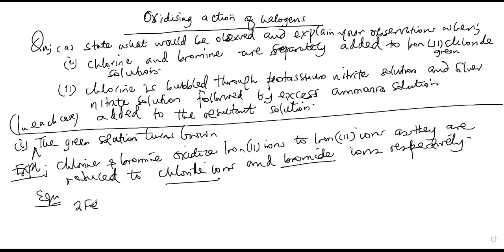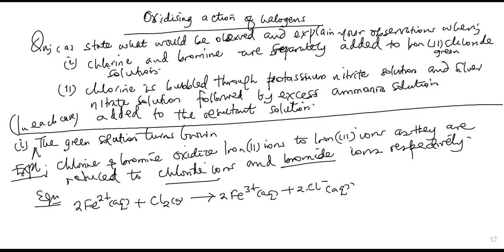Iron 2 ions react with the chlorine gas. They get oxidized to iron 3, and the chlorine gas gets reduced to chloride ion.